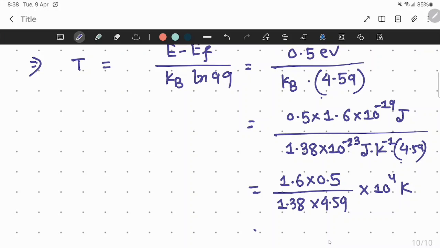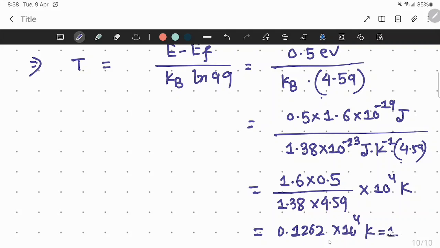So this will be, let me do it. So it is 1.6 into 0.5 divided by 1.38. So it is 0.1262 into 10 to the power 4 Kelvin.